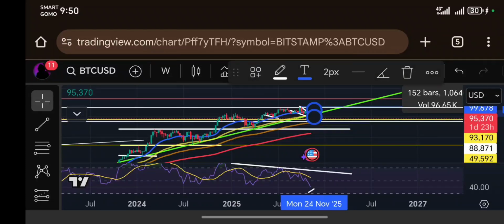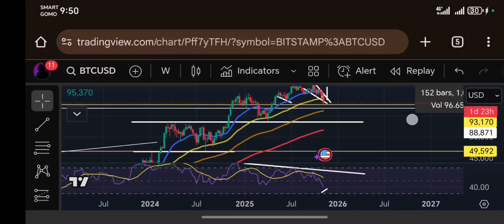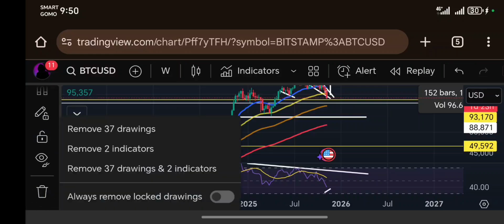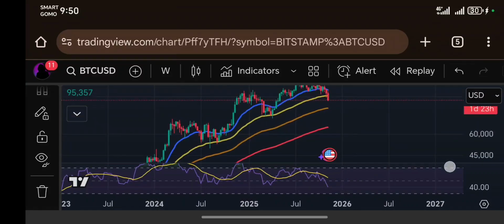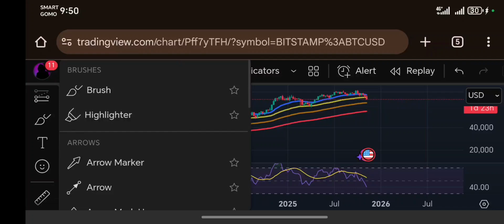But I have something to show you right now. Okay, I want to make some clear drawings here. I don't know if I can adjust this one.